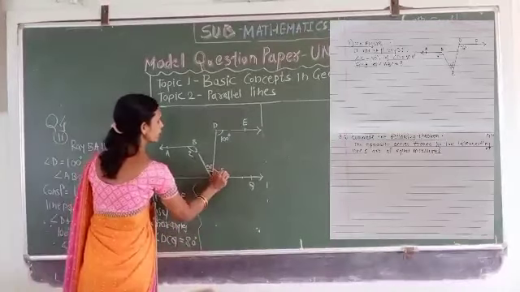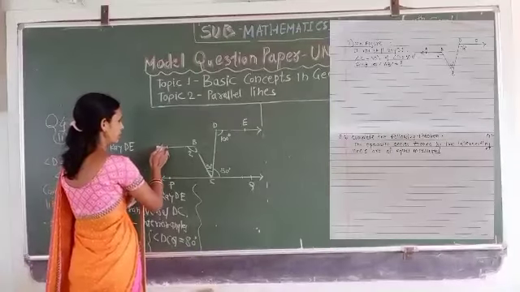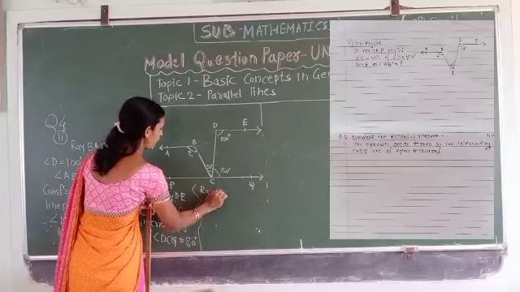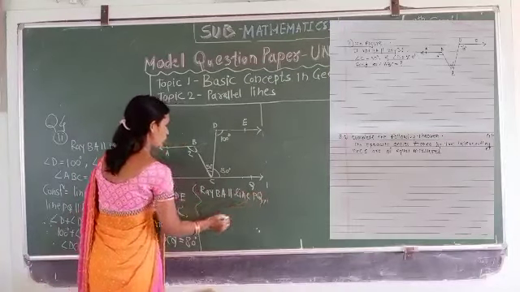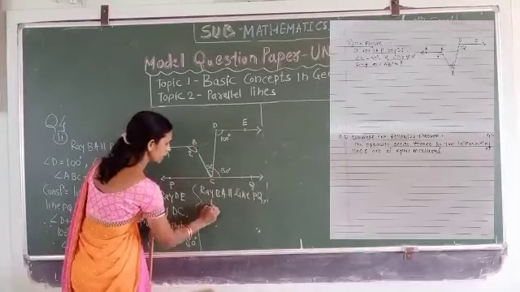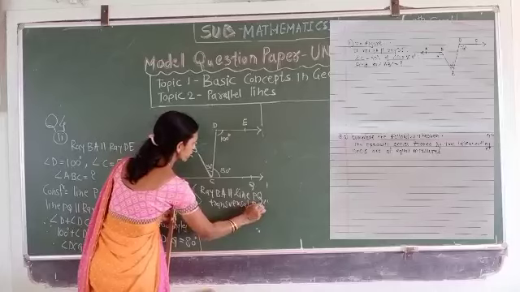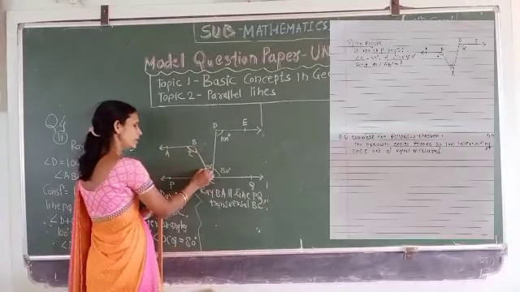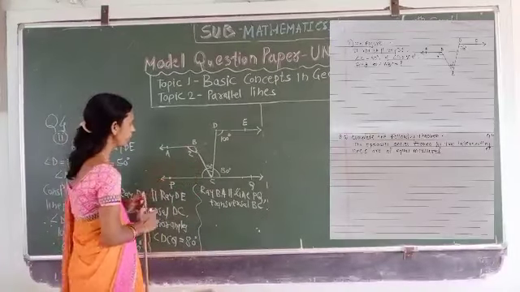Then see here, this angle we got, that is 80 degree. Then again see here, ray BA is parallel to line PQ and if transversal BC is considered, then this angle and this angle are the interior angles.